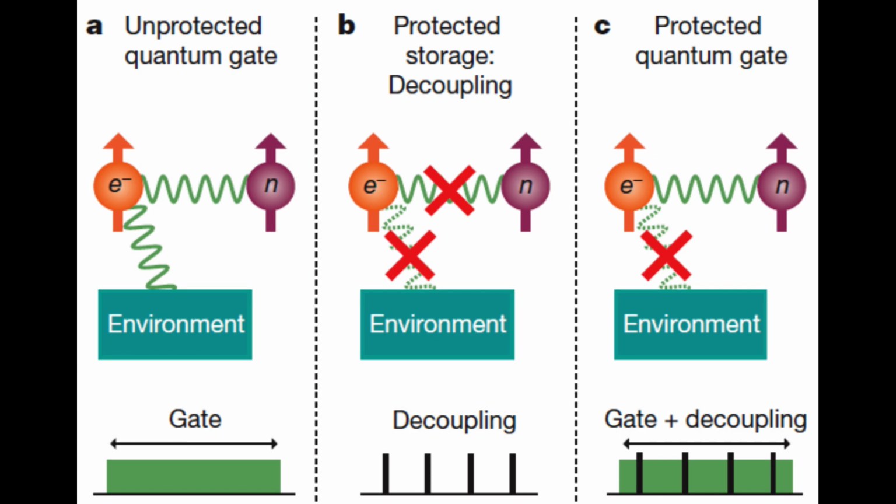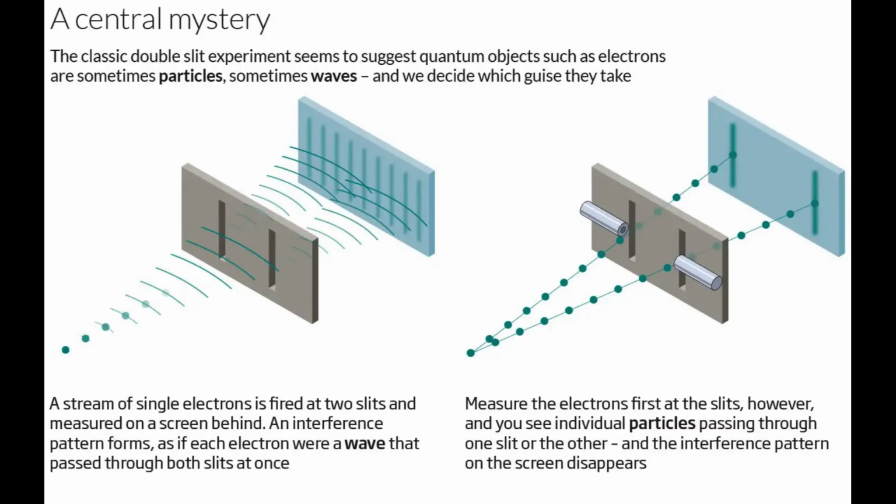It's similar to the double slit experiment: when there's no observation, just a sensor at the end, you get the diffraction pattern. But if you have a sensor at one of the slits, it breaks down the quantum interference pattern. And so we still don't even know if there's ever going to be a fully functional quantum computer.